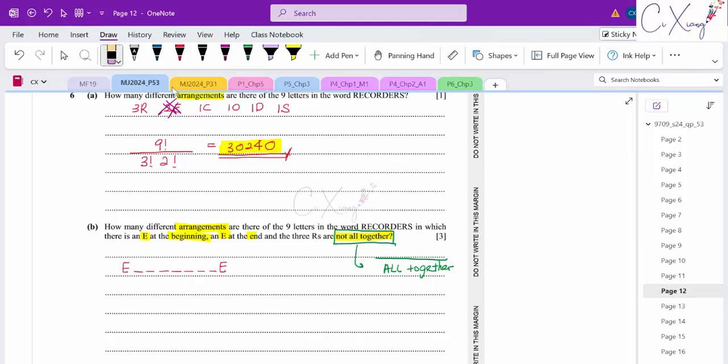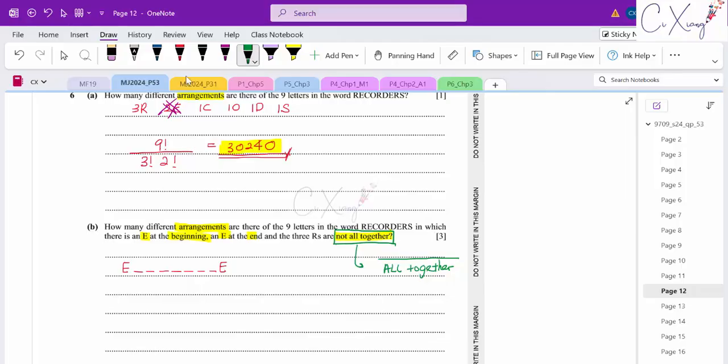When you have something with not all together, the easier way is to count the total arrangements first, then minus the case where all the 3 R's are together. Then this is how we get the number of arrangements for not all together. So I try to count the total first.